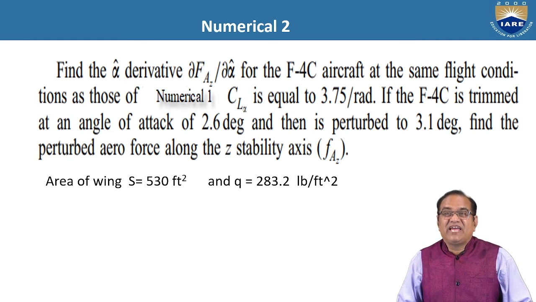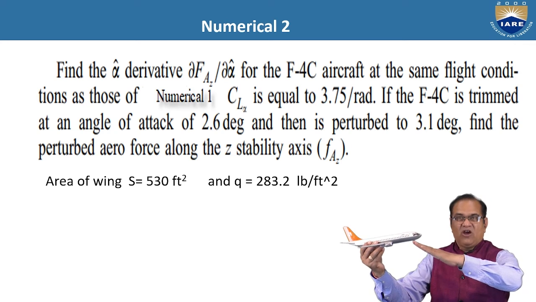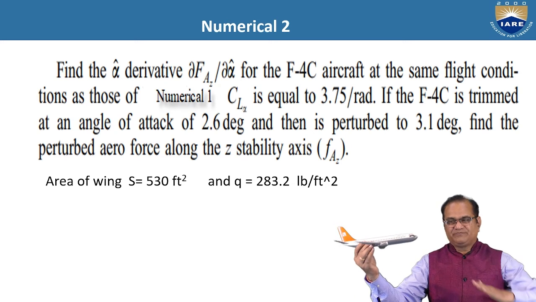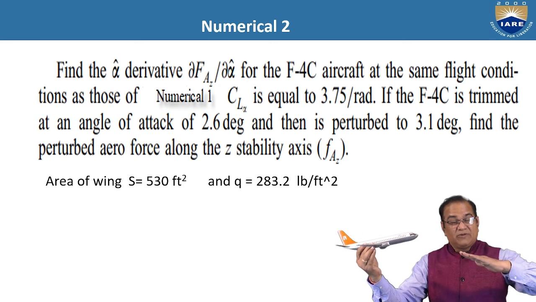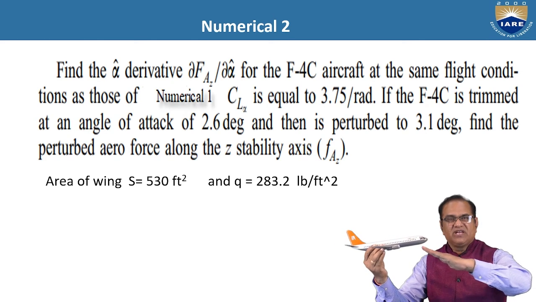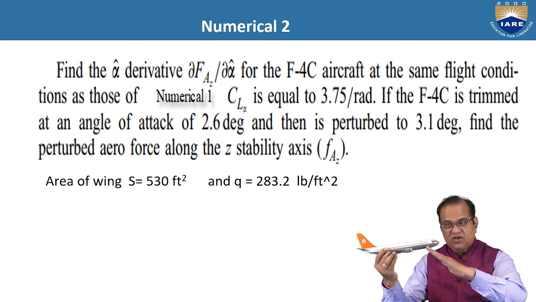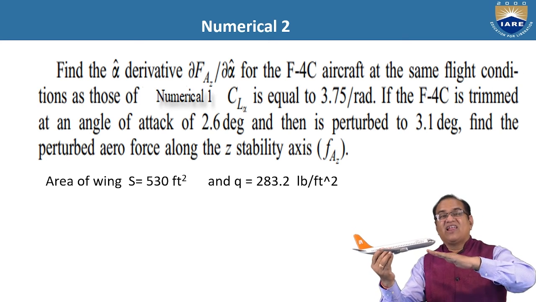Find the perturbed aero force along the Z stability axis. So in this, the aircraft is flying and wind has come. In the previous example, we gave some extra speed, the x velocity u, we introduced some additional. In this, we have made some additional angle of attack.